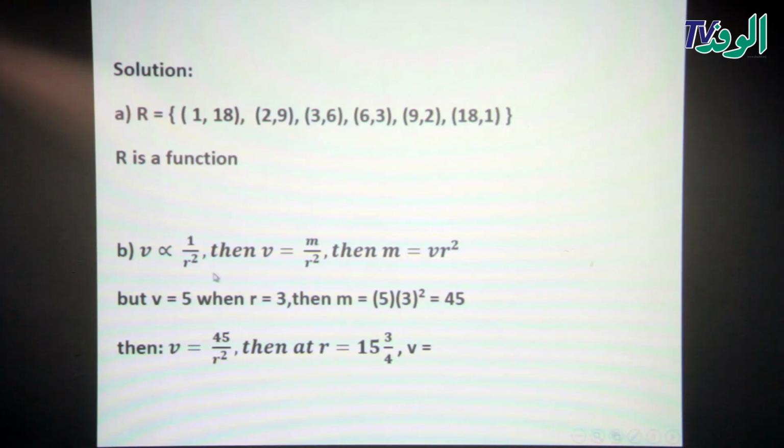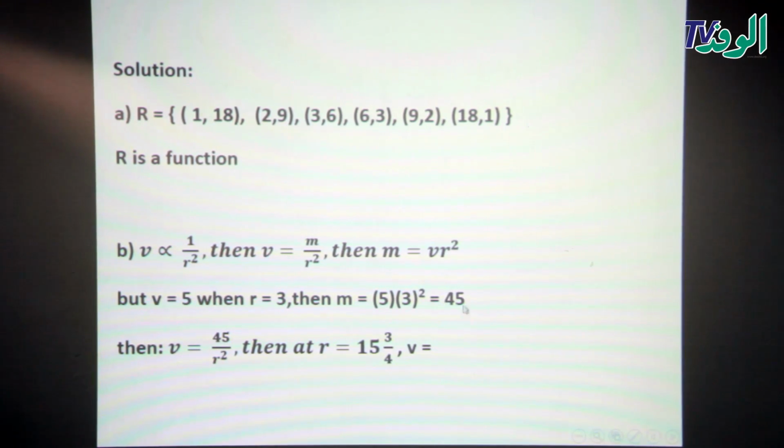Let's see how. v varies inversely as r squared, so it's 1 over r squared. Then v equals constant of variation m over r squared. Then m, the constant, equals v times r squared. We have v equal 5 when r equal 3. Then replace v with 5, r with 3.